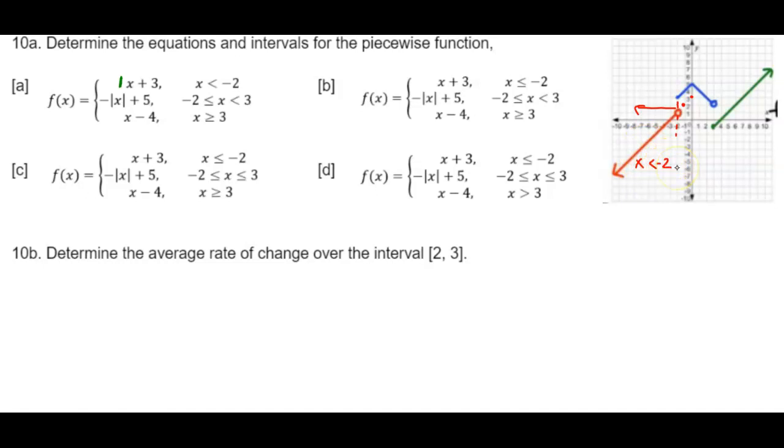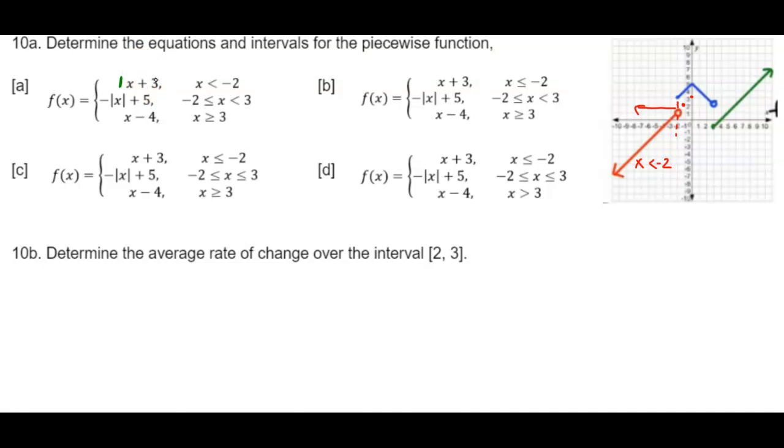Again, I should not have an equal to under that piece because it has an open circle on that right end. So I am looking in these choices for a piecewise function that has x plus 3 with x less than -2.